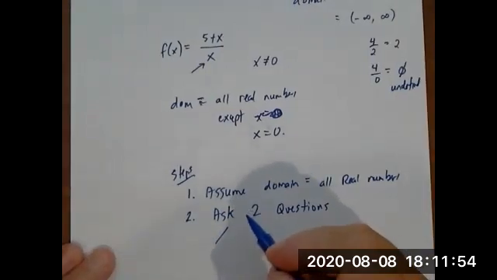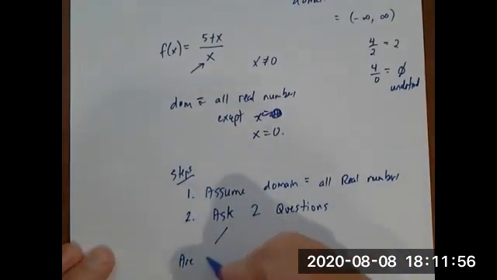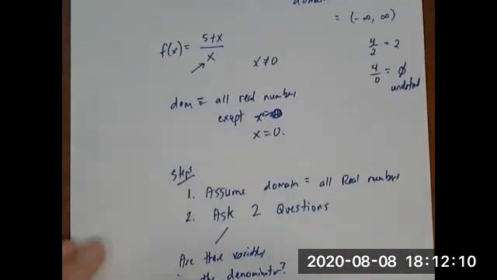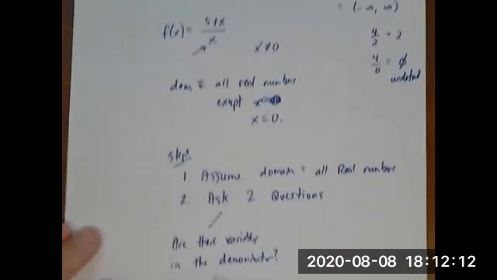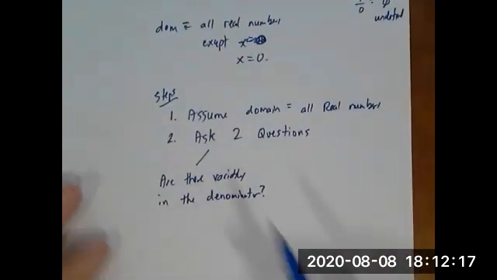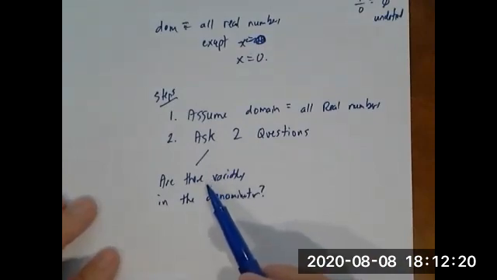The first one we covered up here, and the question is, are there variables in the denominator? Of course, this assumes your function is a fraction. So if your function is a fraction, you go look at the denominator and you say, are there any variables in the denominator?